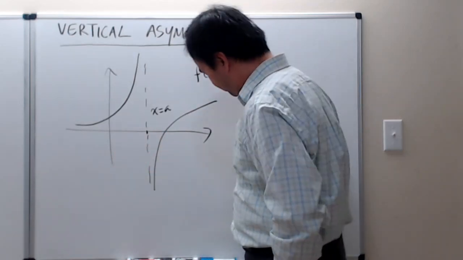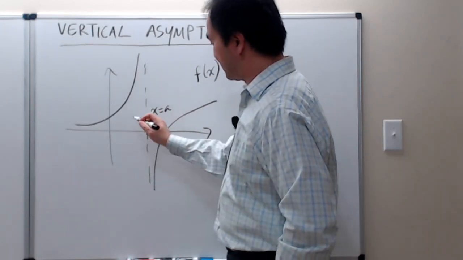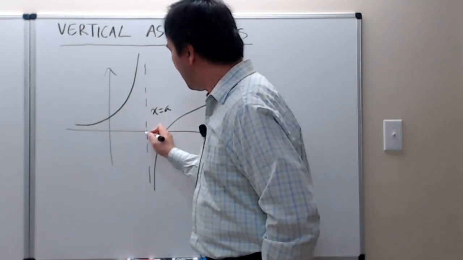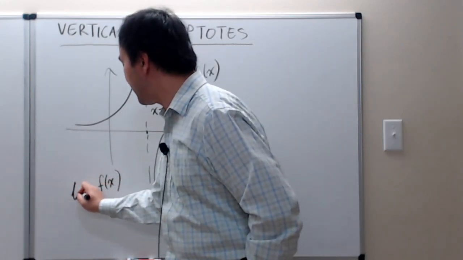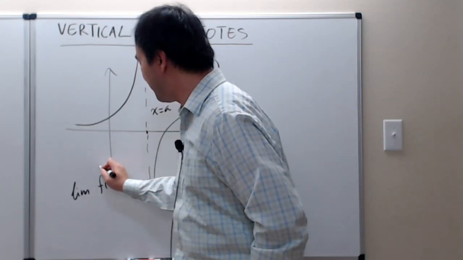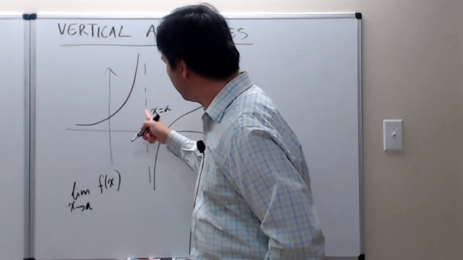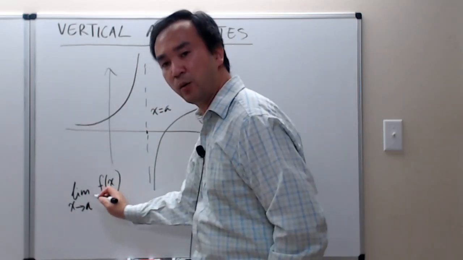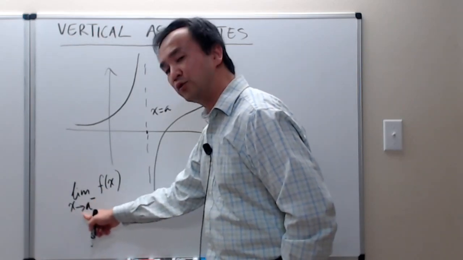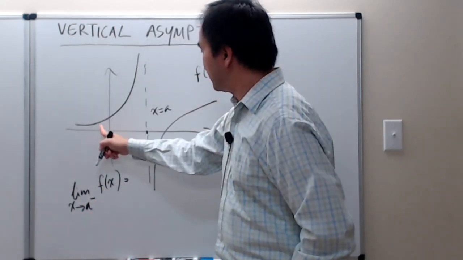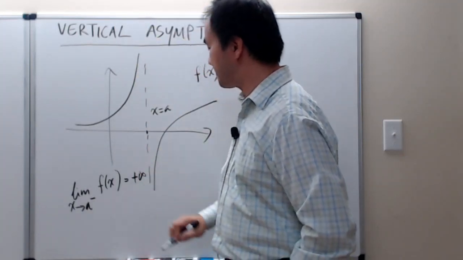In this picture, if I'm attempting to find the limit of the function f of x as x gets closer to a from the left-hand side, then with your experience in estimating limits, the function grows to positive infinity.